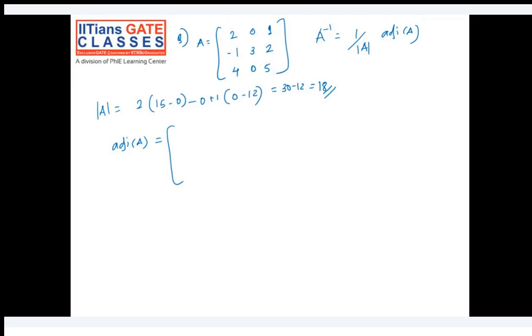So multiply by minus 1 raised to the power 2. So it is 15. Similarly, you can write down the rest of the numbers and take transpose of it, and you should get this matrix.